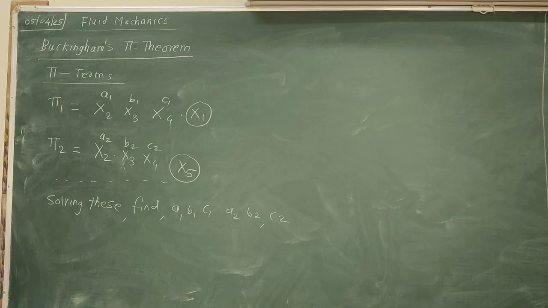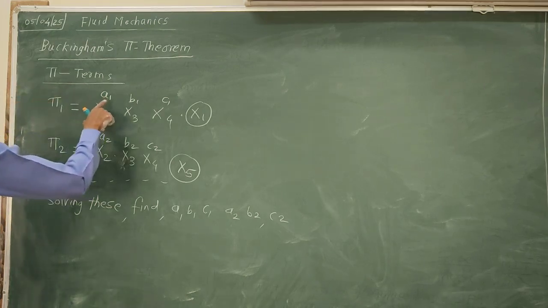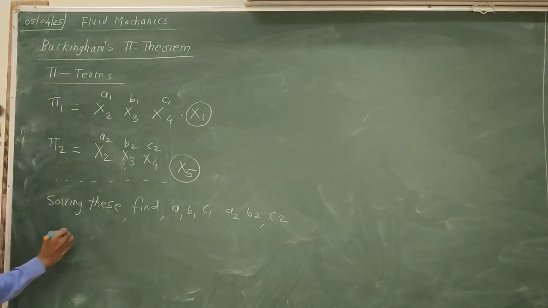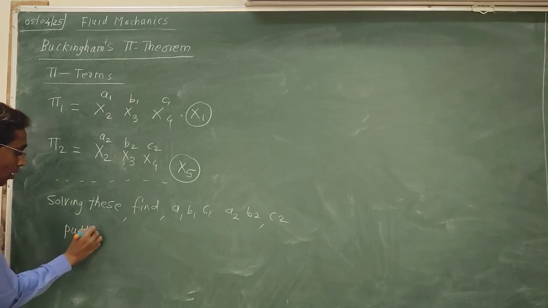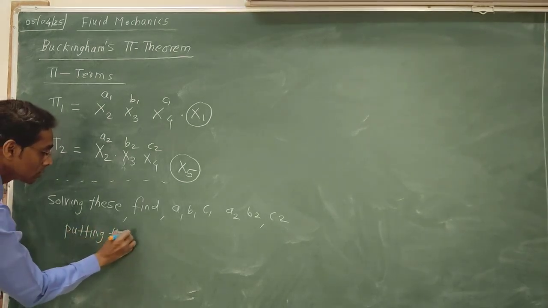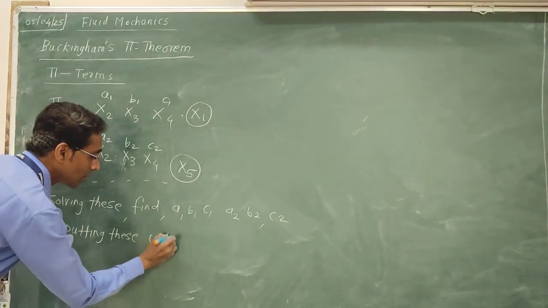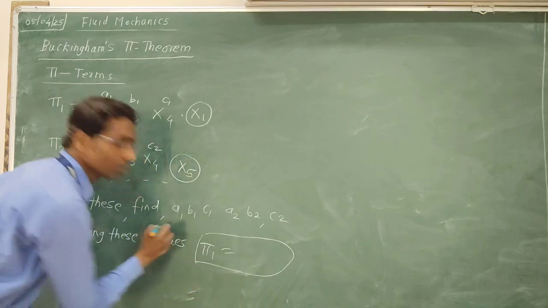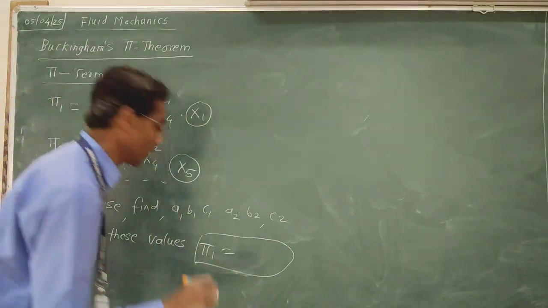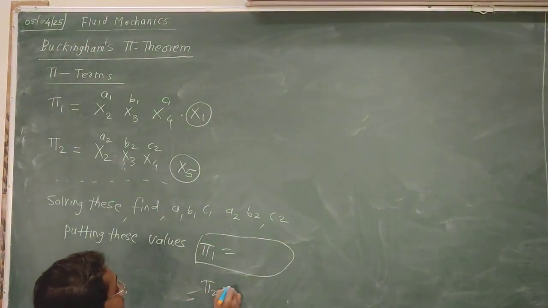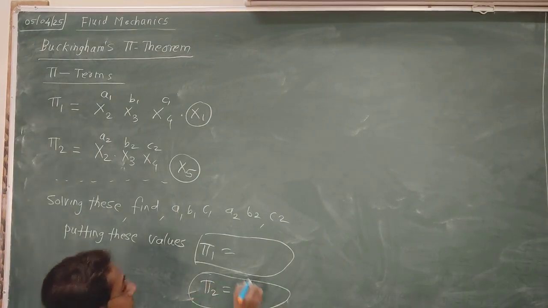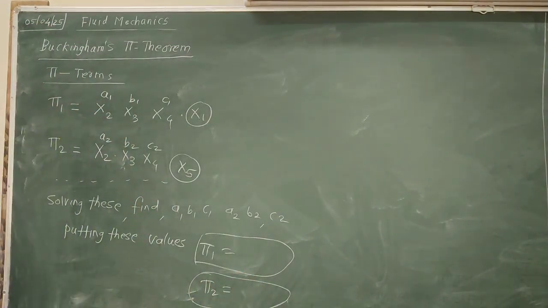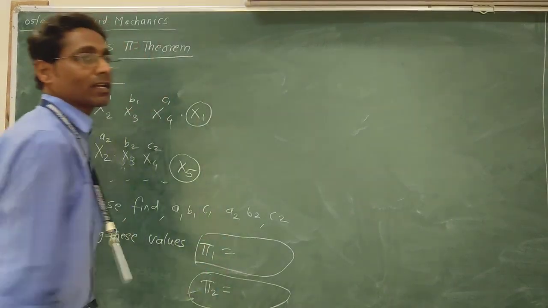Then we put these values back, and again we get pi 1 equal to one equation or formula, and pi 2 equal to one equation or formula. So these are the pi terms.